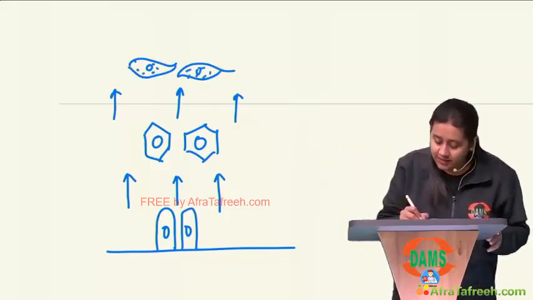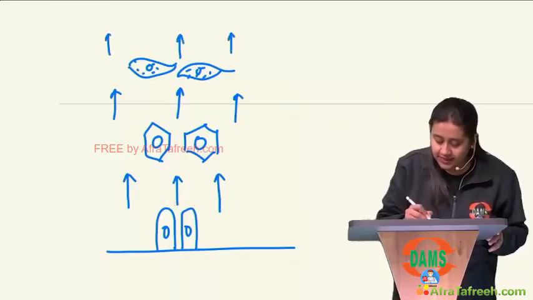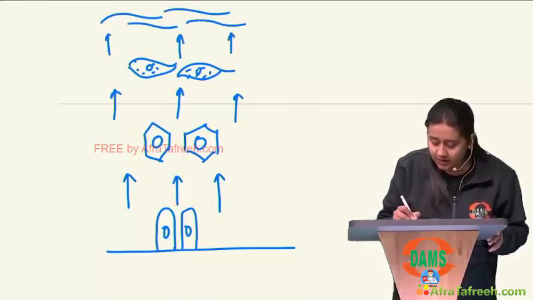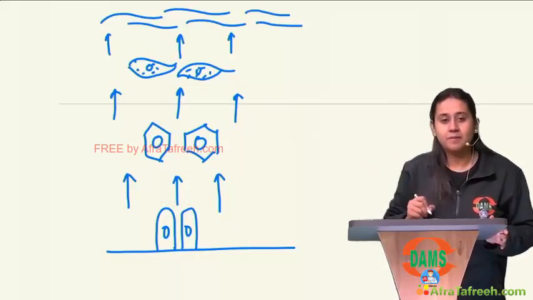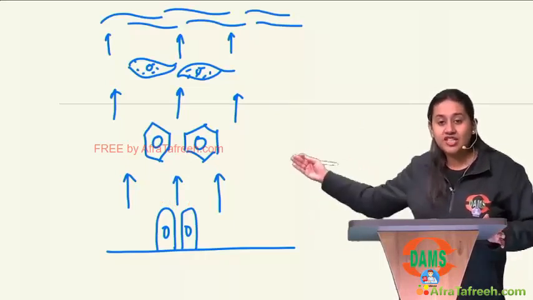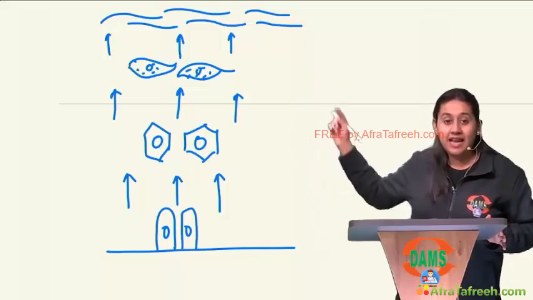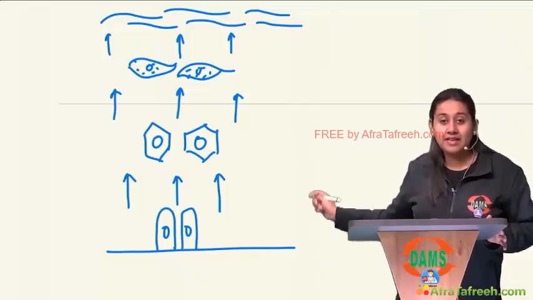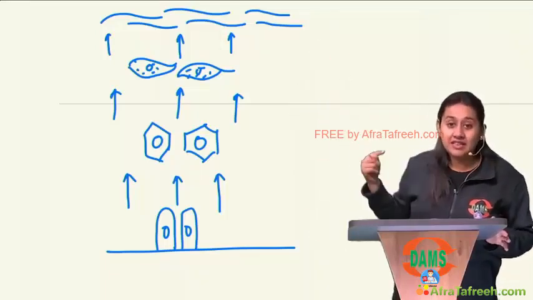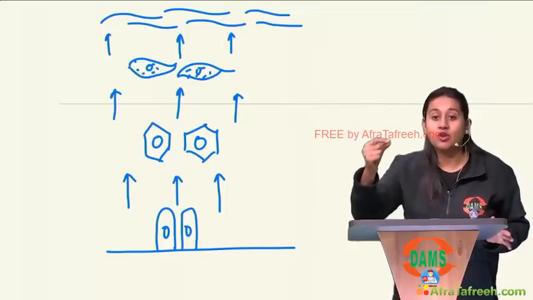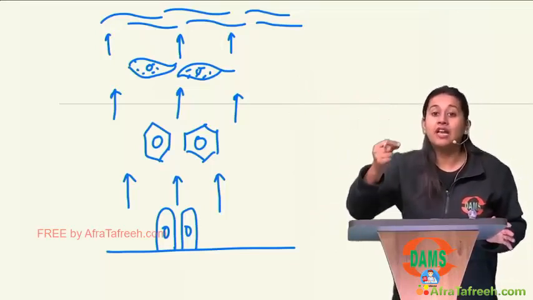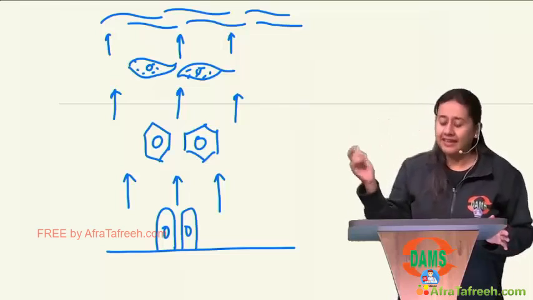And once you go a little more upward, you will see that now they are flattened cells. So this change in shape of the keratinocyte, as it moves from the stratum basale layer to the stratum corneum layer, is because of a protein known as filaggrin, or filament aggregating protein.